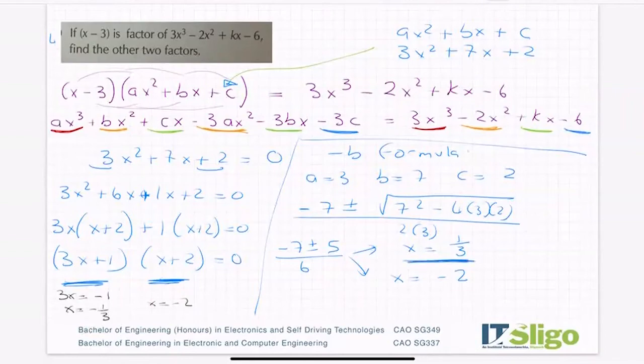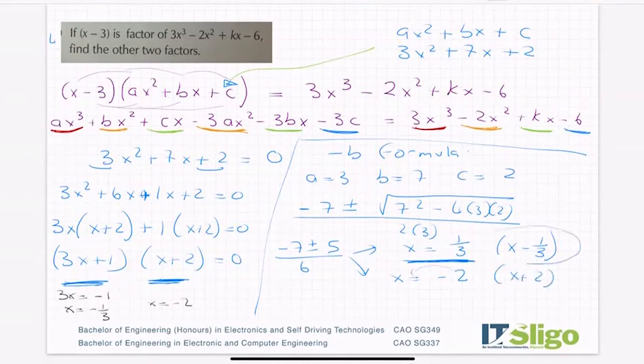But you can work backwards to get the factors. Know that when I went from here to here, I brought the plus 1 over the equals sign and it became minus 1. So in the same way, x is equal to minus a third, bring it back over that minus sign so that you get x plus a third as a factor. Bring that minus 2 back over and you'll get x plus 2.